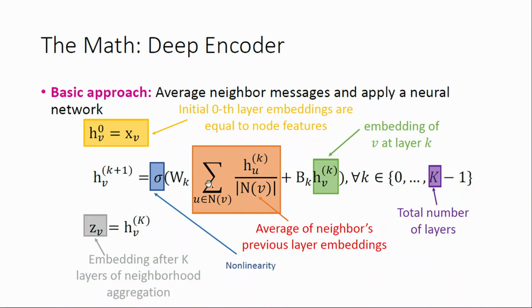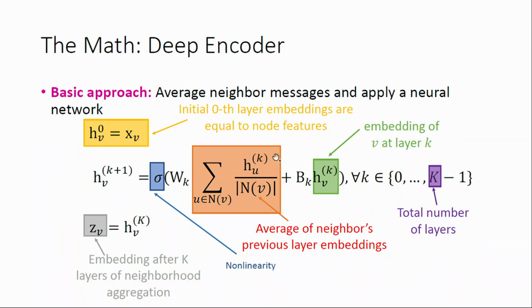After the average, you want to apply some learning on top of these different dimensions, so we apply the weight matrices on top of the aggregated features. We also try to include the information of the node itself, because if you don't include that, you'll only include information from neighbors and you lose the information of yourself. So each time we update the node with its own information from the previous layer, that's what this B part is. After we aggregate everything, we can apply a nonlinearity. It can be a sigmoid, or any of the nonlinearity units that we talked about previously.